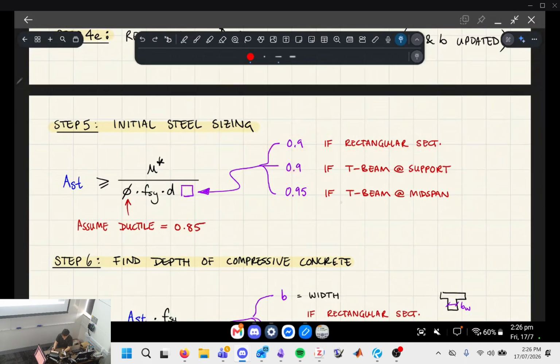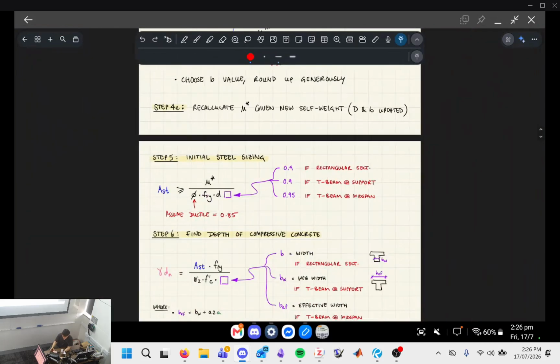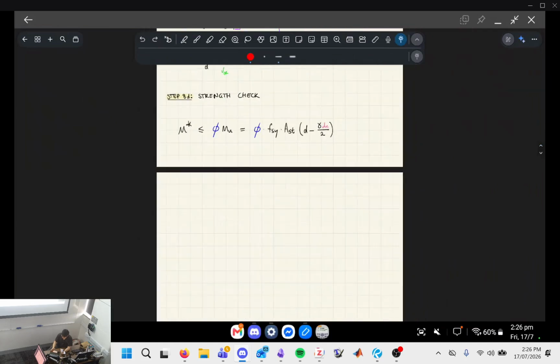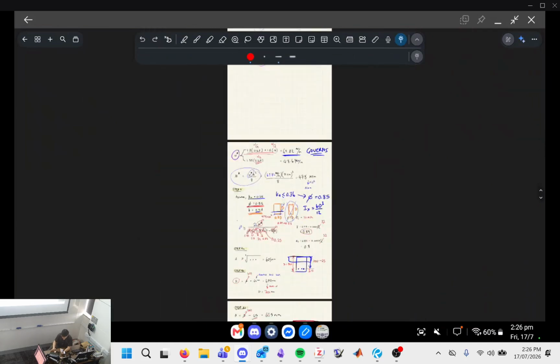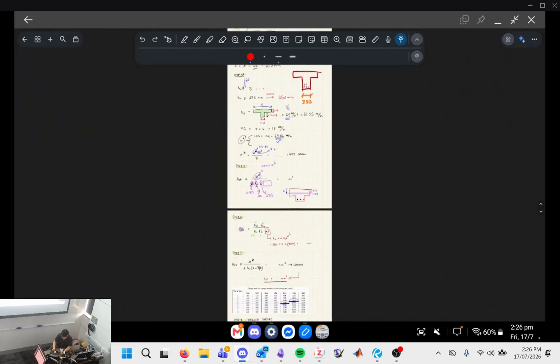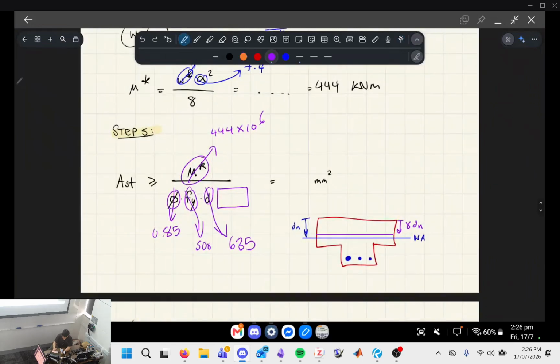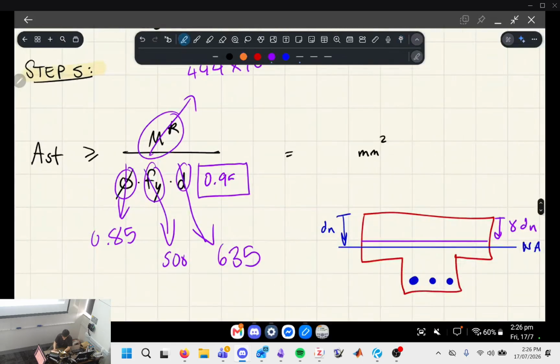If you have a T-beam, you'll choose this or this, depending on whether we're designing the steel for the T-beam at the support or the midspan. The question tells us to design the T-beam at the midspan, so we're going to choose 0.95. So this has to be 0.95, right?